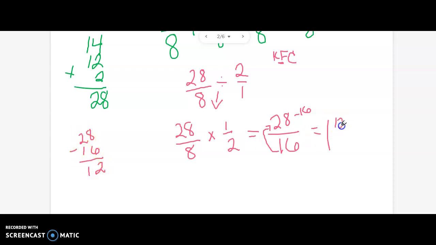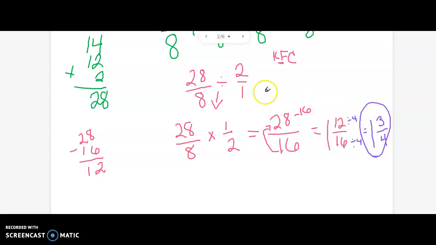So then I get 12 over 16. I'm still not done. I'm noticing that 12 and 16 can be simplified. I can divide 12 and 16 by 4. So 12 divided by 4 is 3. 16 divided by 4 is 4.